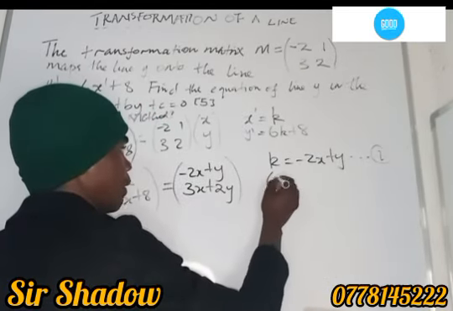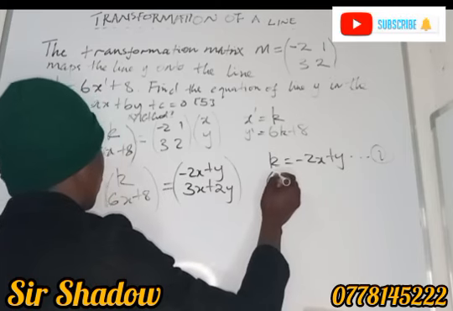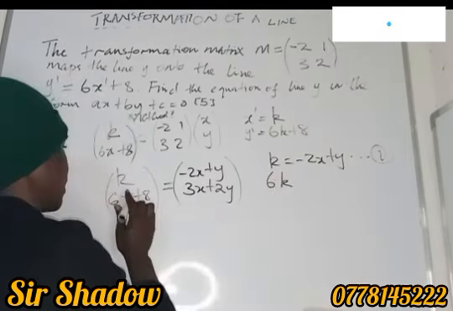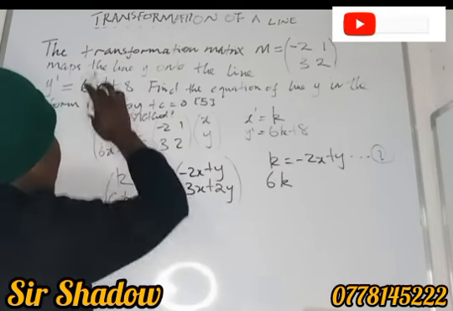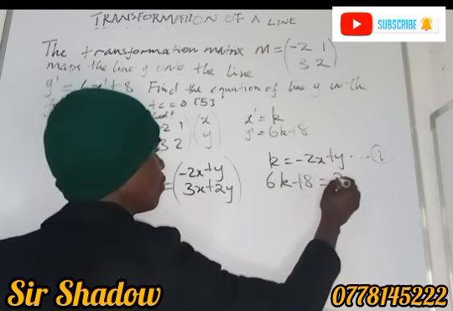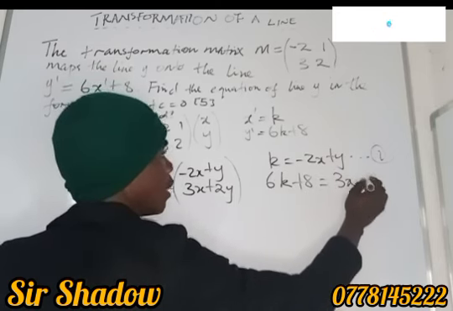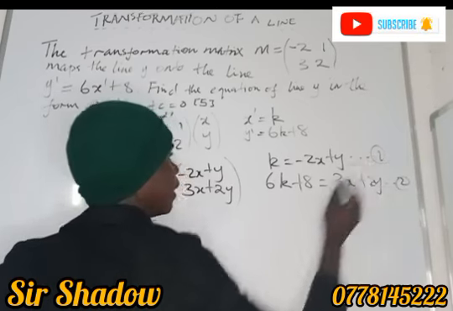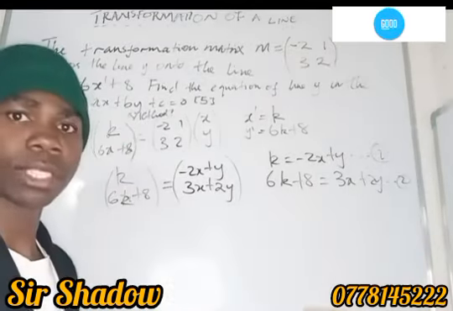Then the second equation, since we substitute the value of k here, 6k plus 8 is equals to 3x plus 2y, and we call it equation 2.